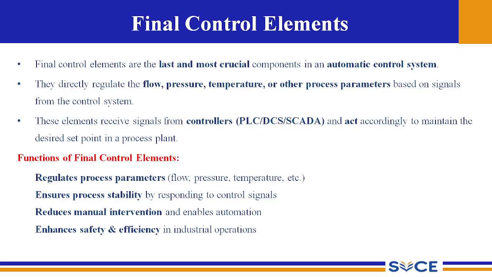So the major functions of the final control element will be to regulate, then ensure stability, reduce the manual intervention by enabling the automation, and enhancing the safety and efficiency in industrial operations.